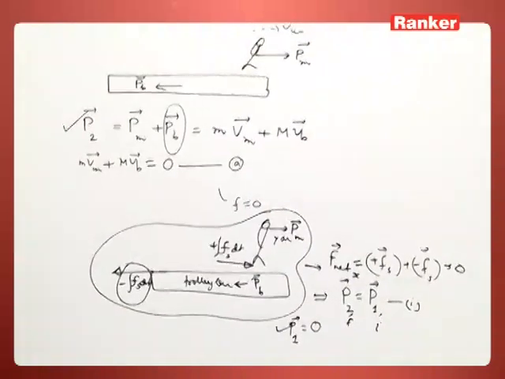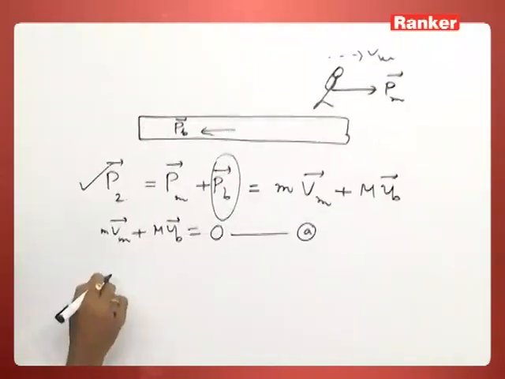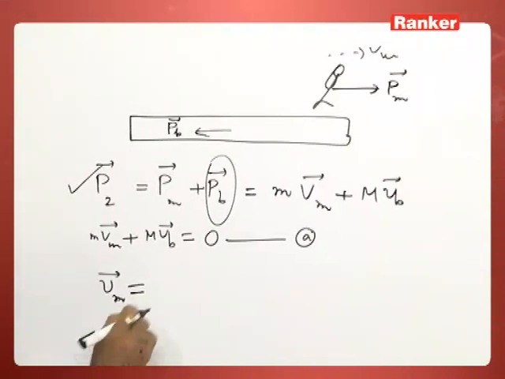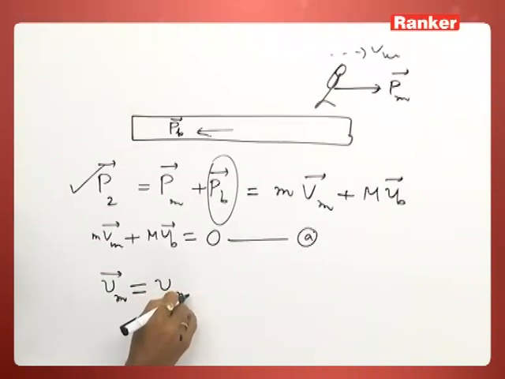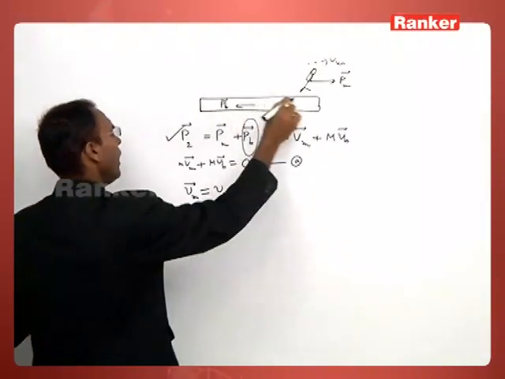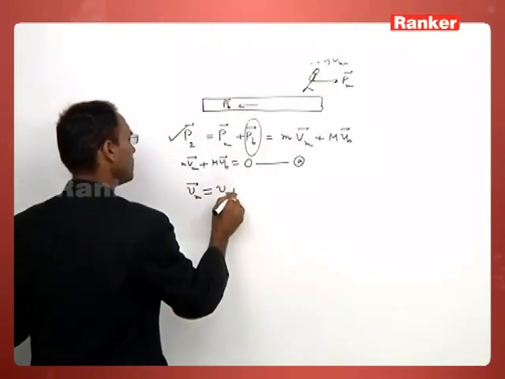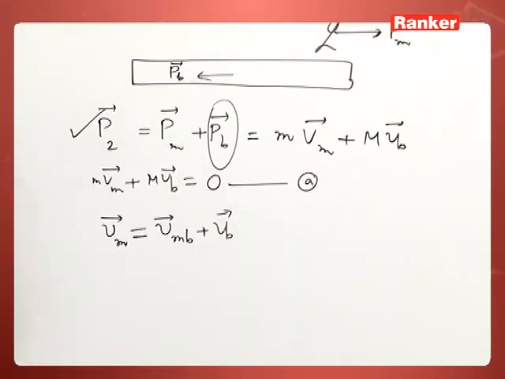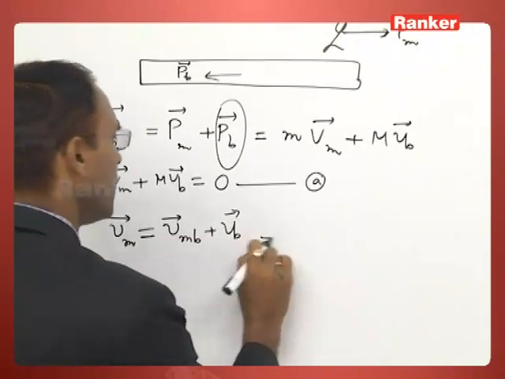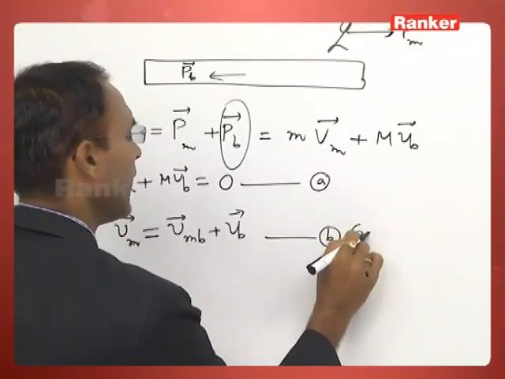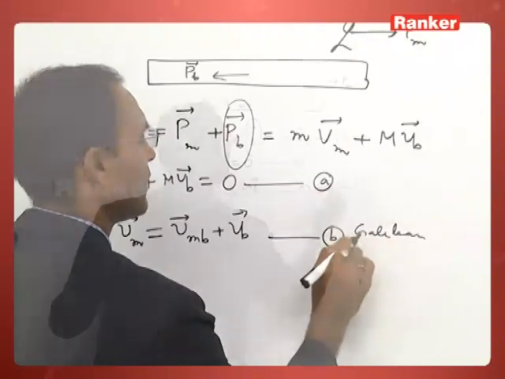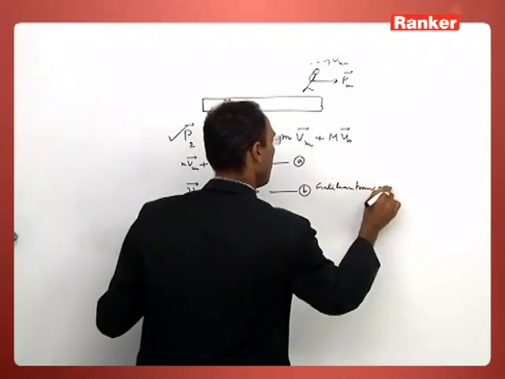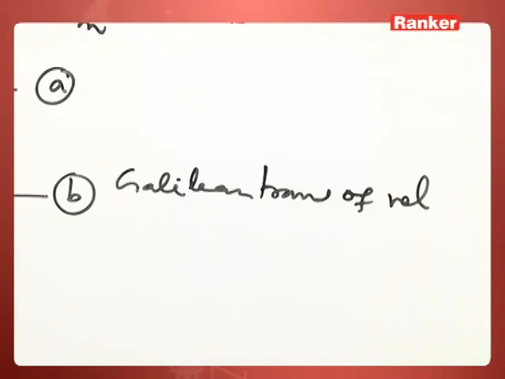We have to take the help of Galilean transformation of velocity, which states that velocity of man with respect to ground is equal to velocity of the man with respect to the trolley car, or we can call it boat, plus velocity of the boat with respect to ground. This is the equation number B, Galilean transformation of velocity. This is the concept.